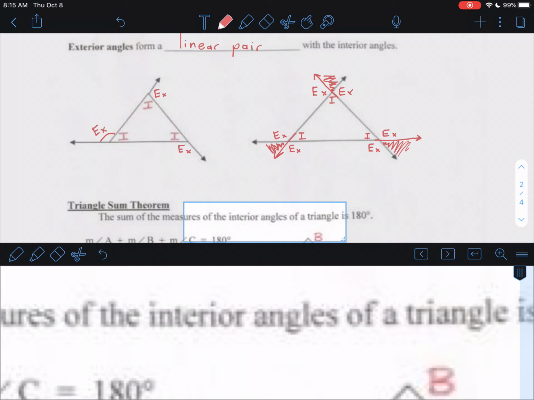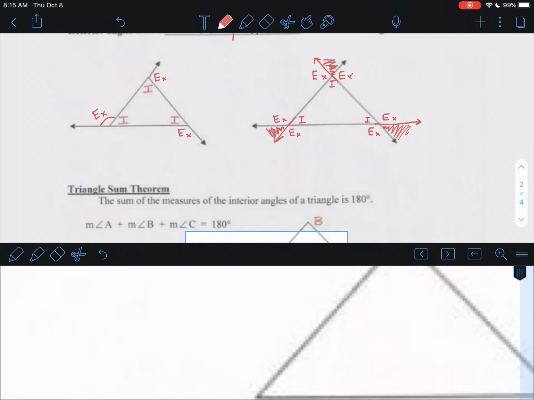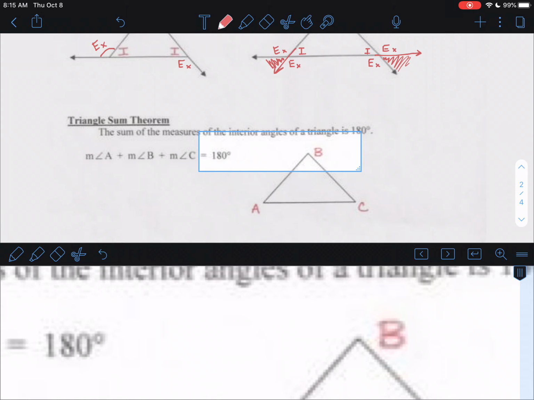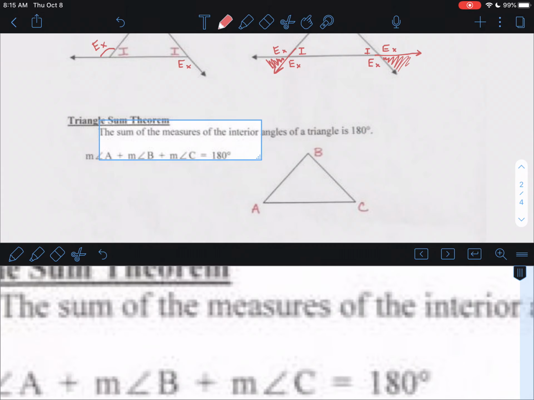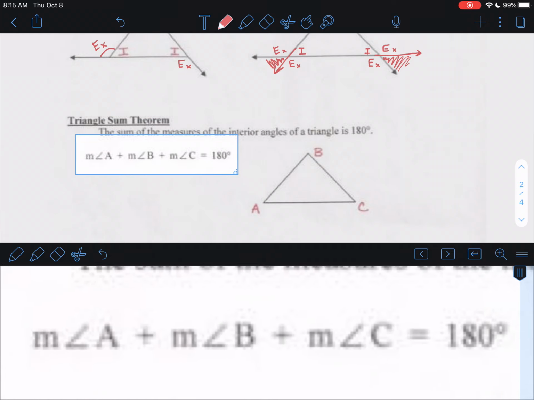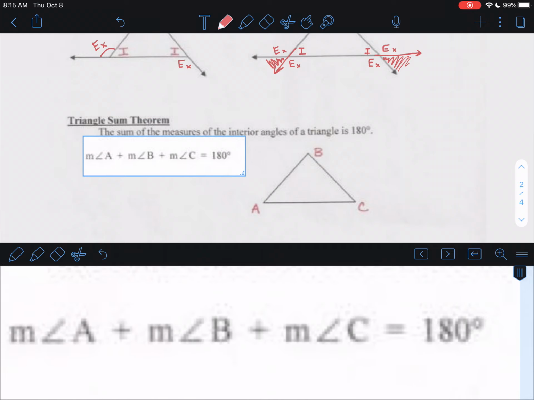All right, so next we have the triangle sum theorem, which is the first theorem we're really learning with these triangles. And the triangle sum theorem states that the sum of the measures of the interior angles of a triangle is 180 degrees. So all that's saying is the measure of angle A plus the measure of angle B plus the measure of angle C equals 180 degrees.